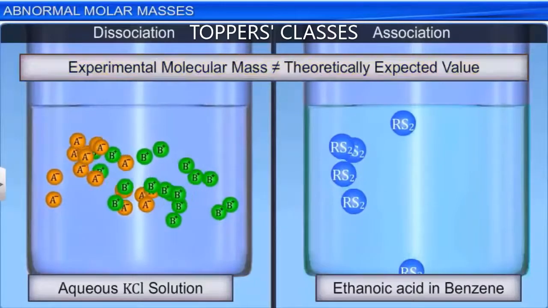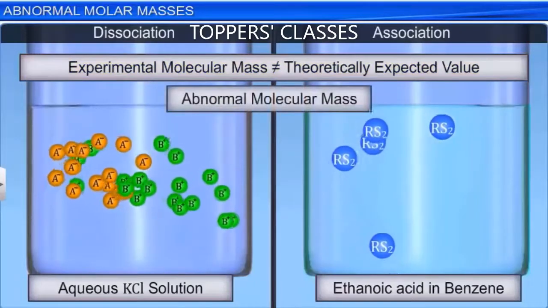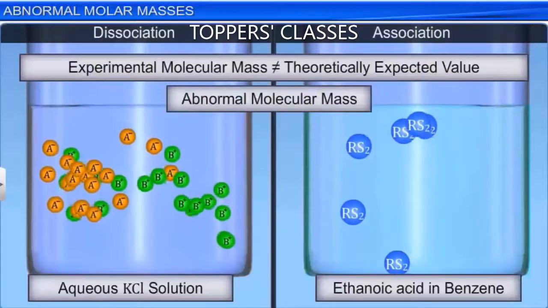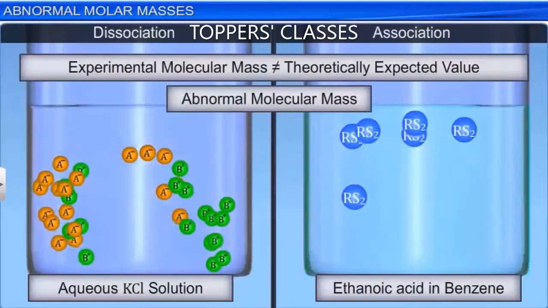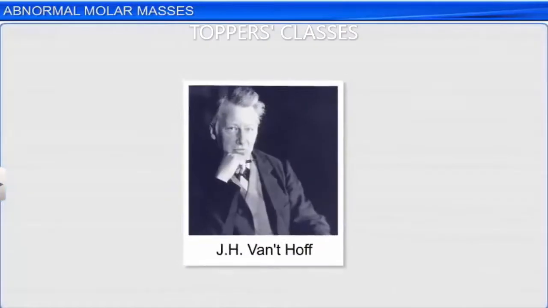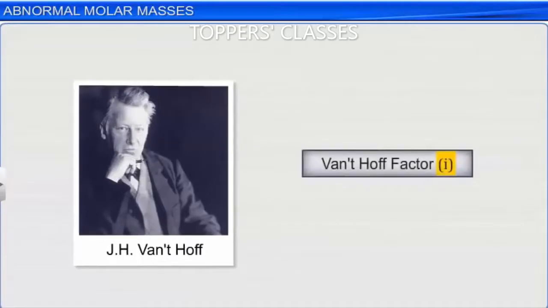In order to account for all such abnormalities, Dutch chemist J. H. van 't Hoff, in the year 1880, introduced a factor i, known as van 't Hoff's factor, which represents the extent of association or dissociation of a solute.